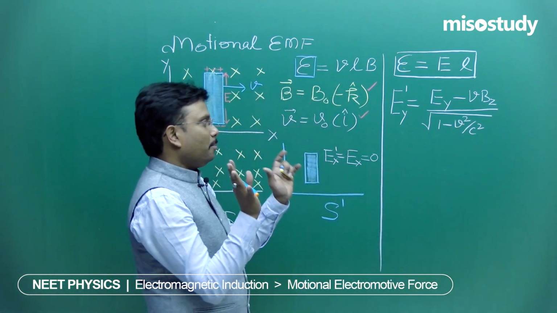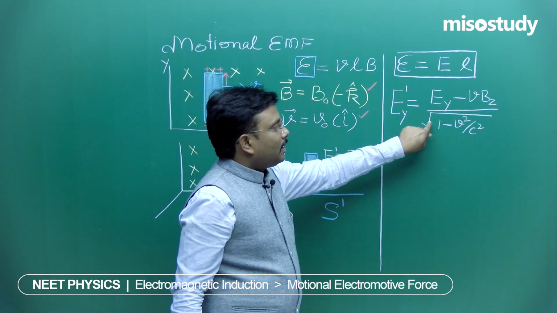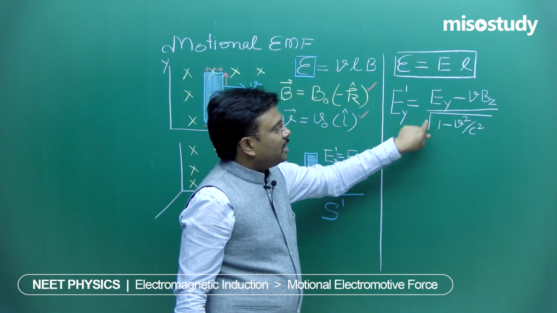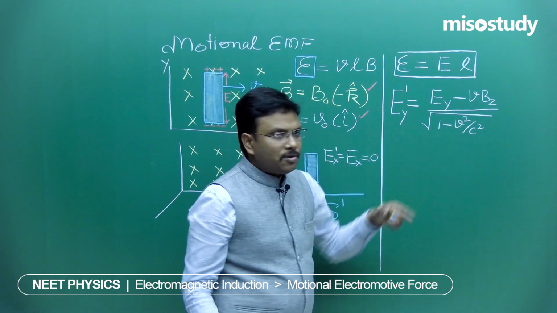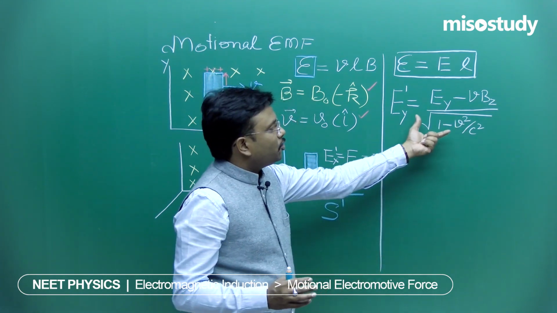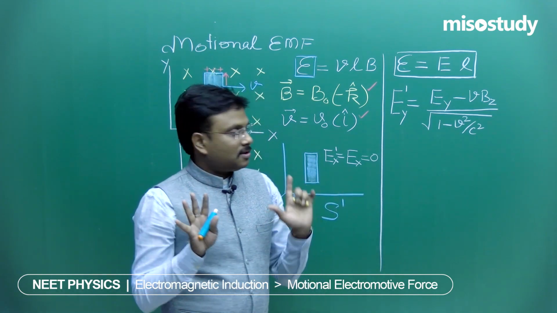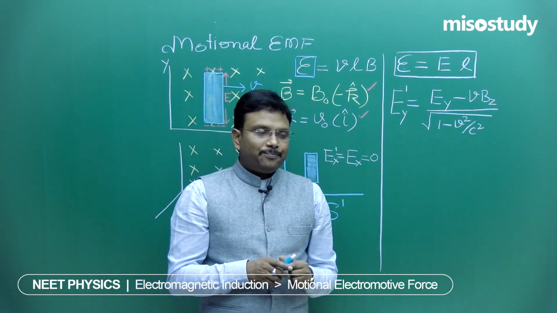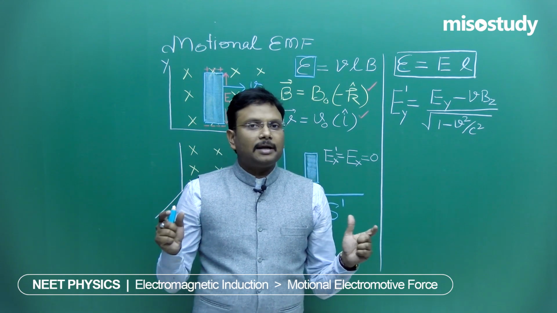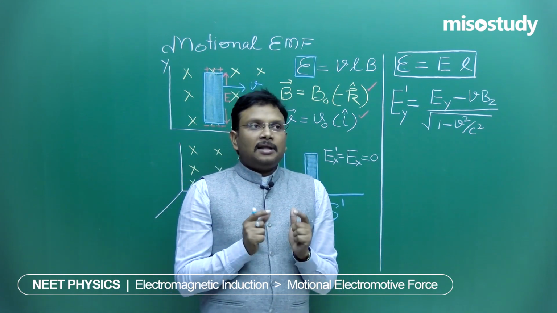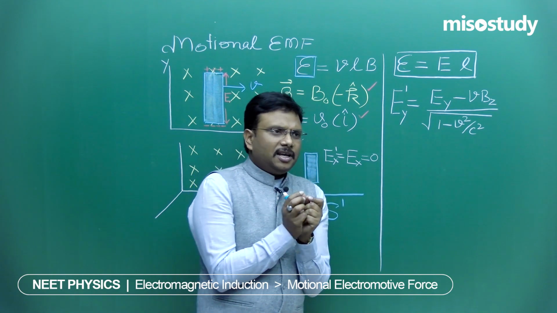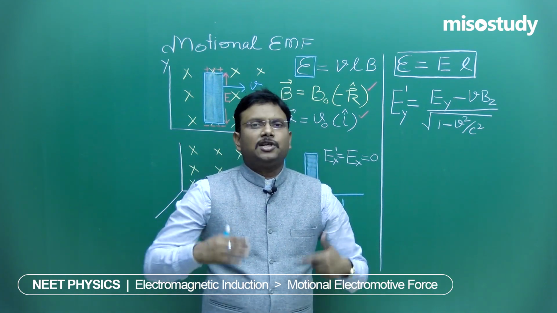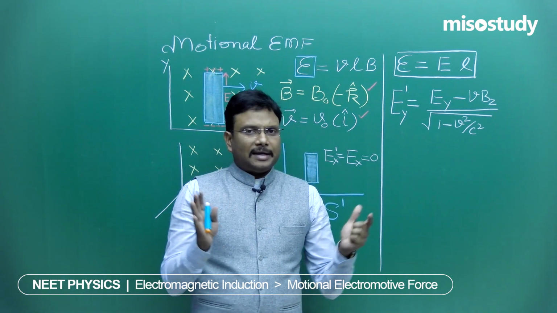Now, many of you get quite a problem in a situation: what exactly is the meaning of 1 minus V square upon C square, and from where are we introducing this term? Relax, simple. When any charged particle is moving, try to recall some concepts that you must have studied in electromagnetic waves.